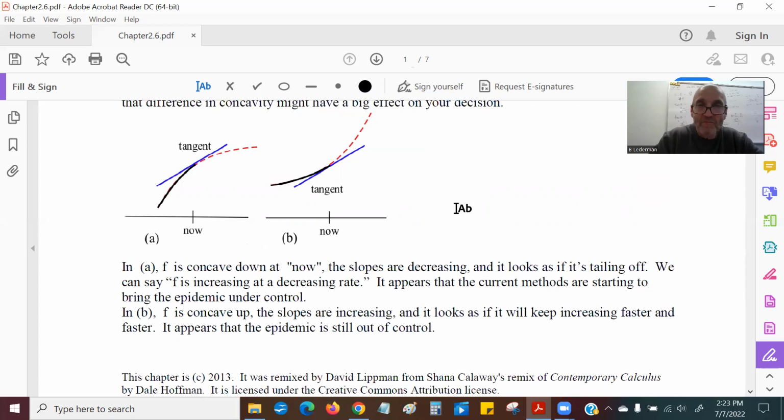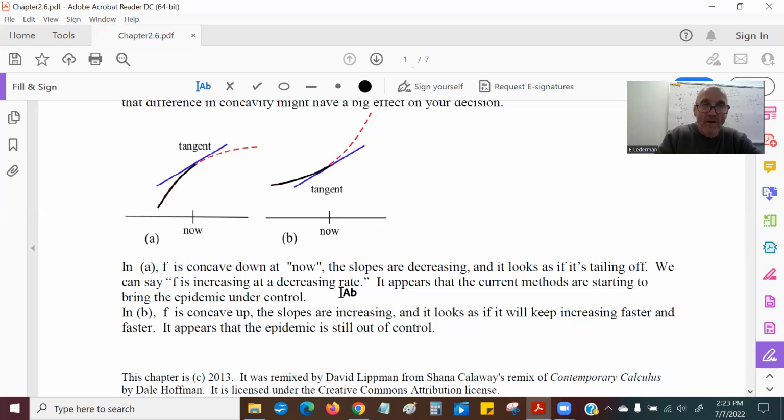You could say it's increasing at a decreasing rate. It's increasing, but it's increasing slower. That's the way to say it. And it appears that the current methods are starting to bring the epidemic under control because the disease is tapering off. Whereas here, it looks like the disease is zooming up.